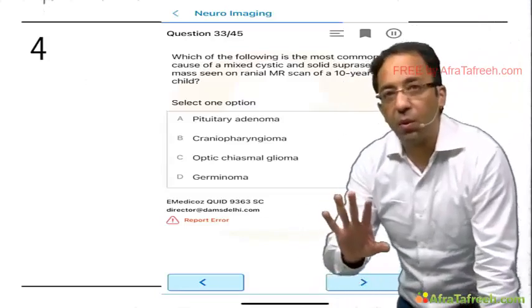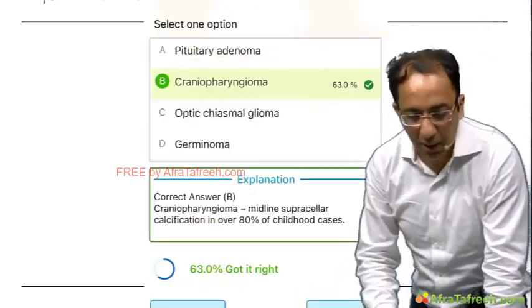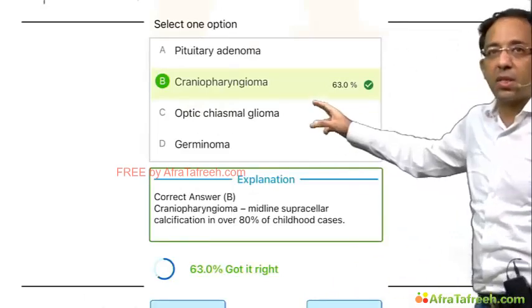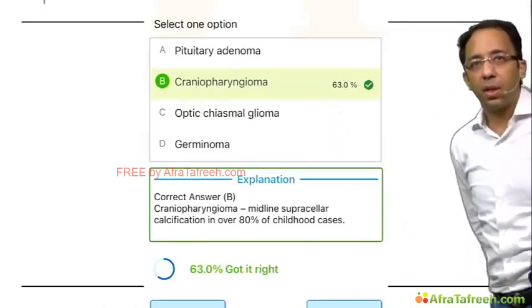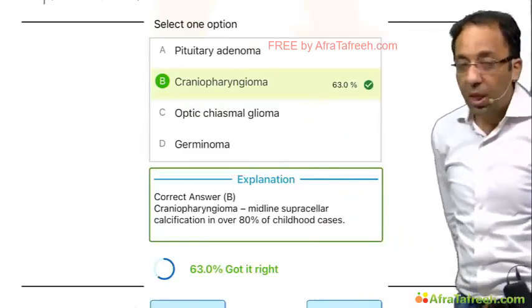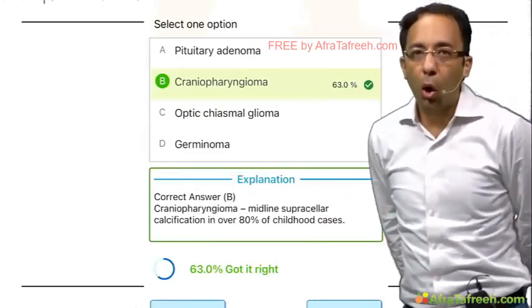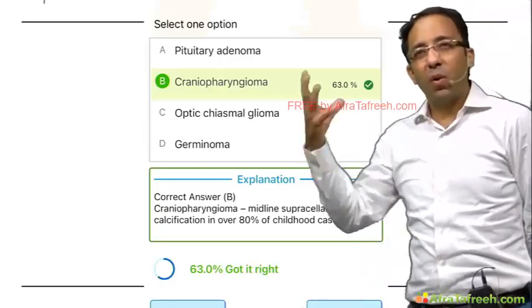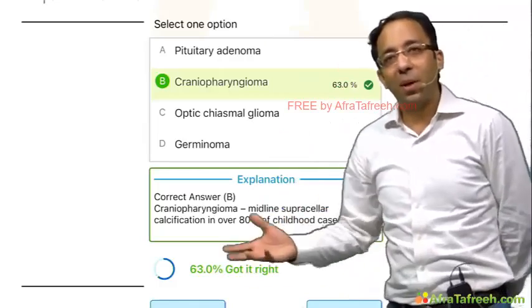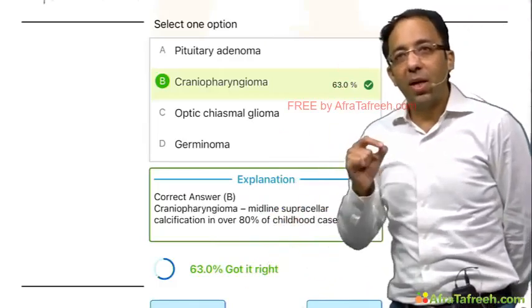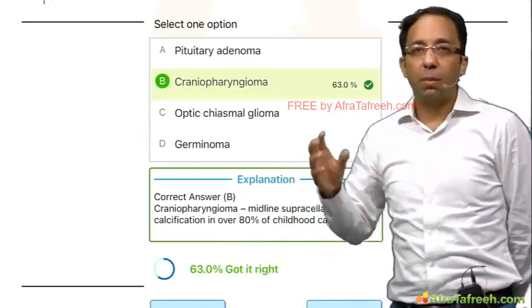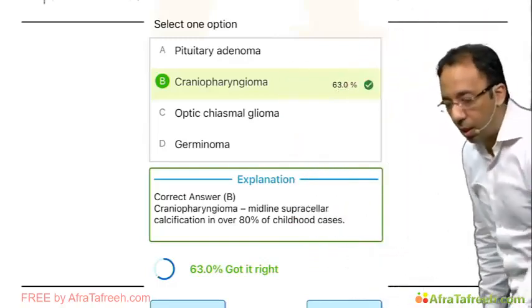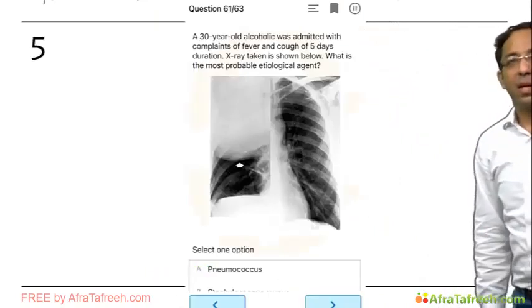As soon as you read suprasellar in a child, there is nothing else, craniopharyngioma. 63% people got it right. That means many people are doing a lot more and answering less in the real exams, because people are not working on the common tumors. The entire idea is to focus on what is more common. Meningioma is a common tumor, craniopharyngioma is a common tumor. That is what you need to know. Clear? Next question.